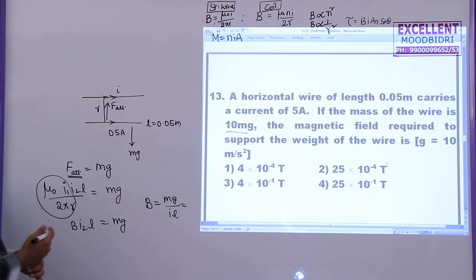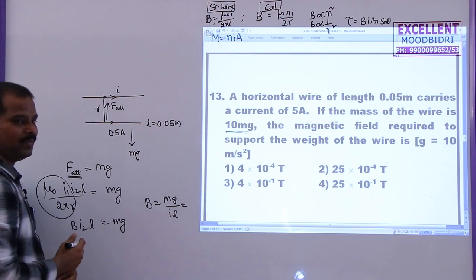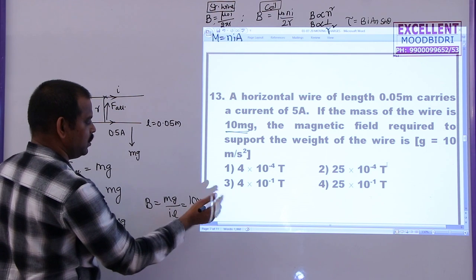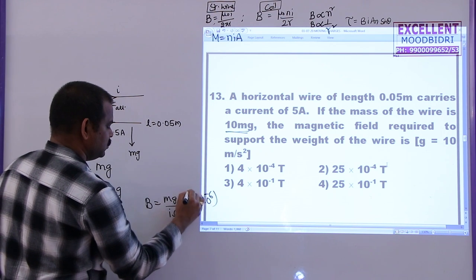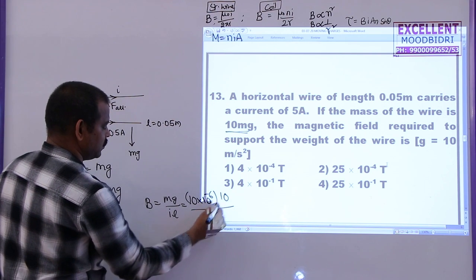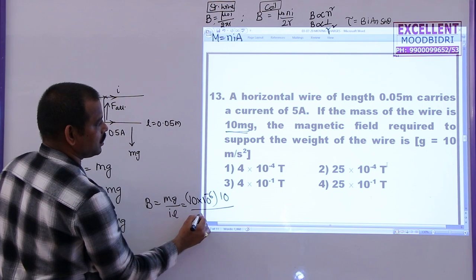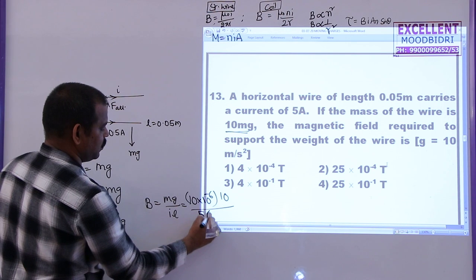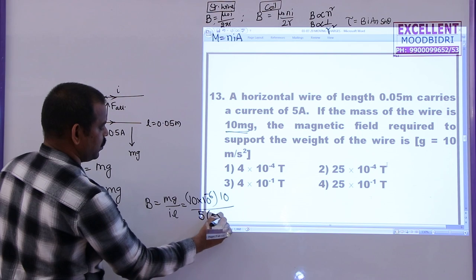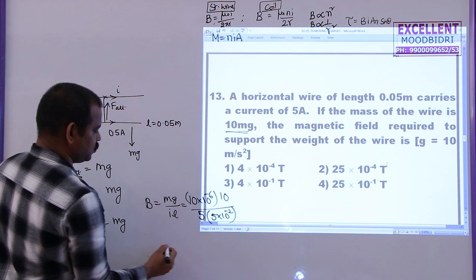What is the mass of this wire? 10 milligrams. Grams means 10 power minus 3, milligrams means 10 power minus 6. g is not given, actually it is given as 10, so you can take it as 10. The current in this conductor is 5, and the length of the wire is 0.05 meter, 5 into 10 power minus 2.